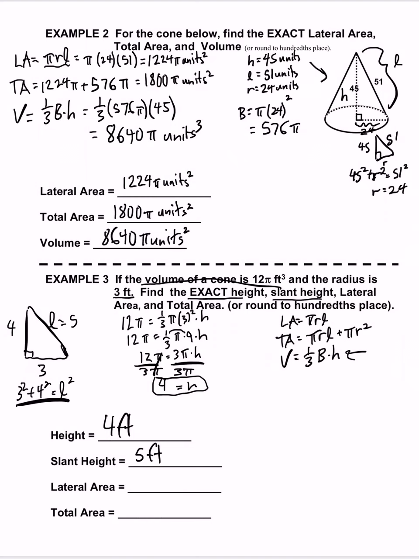Now I just want to find LA and TA by plugging in. So I have LA equals pi, radius is 3, slant height is 5. That gives me 15 pi feet squared.